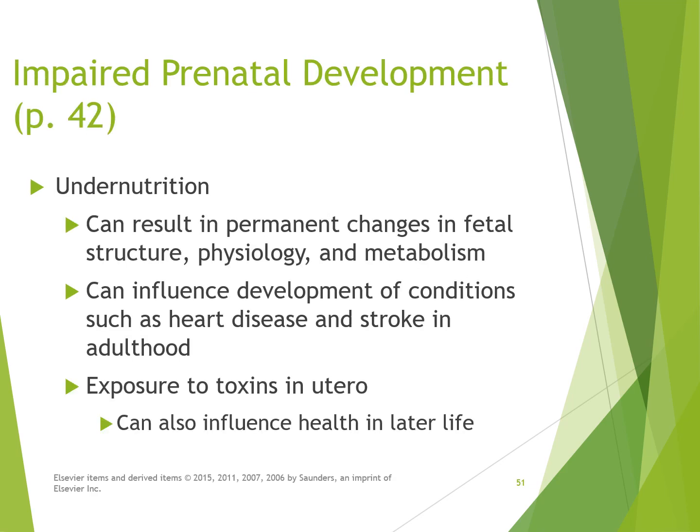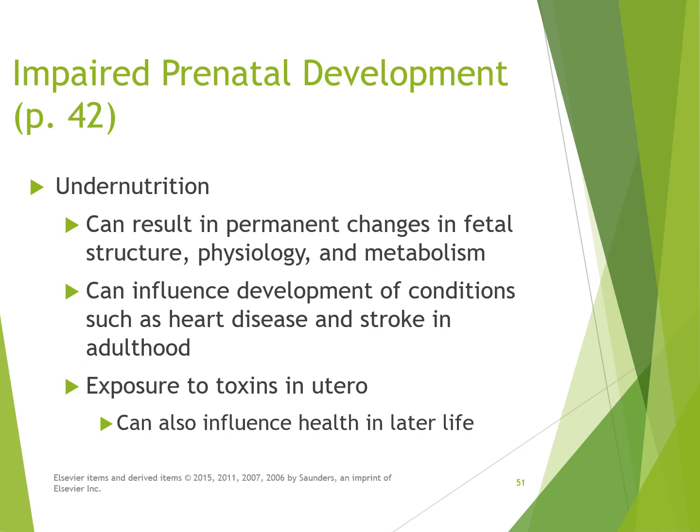Okay, so now we're on to page 42. Impaired prenatal development, so undernutrition, can result in permanent changes in fetal structure, physiology, and metabolism. And we aren't talking about mom being 90 pounds and anorexic. We're talking not getting the right kind of nutrition that a fetus needs.